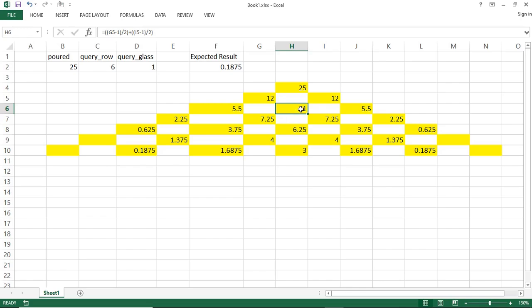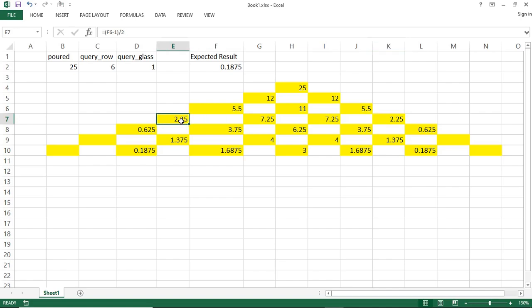So half of here it will be 11, right? So from 11, 1 will be used by this glass and the remaining is 10. So half of 10 is 5. So 5 will get added to this 2.25, which is 7.25. Similarly here it will get half from this and half from this, so here also it will be 7.25, and this particular glass will get half only from this, so it will be 2.25.